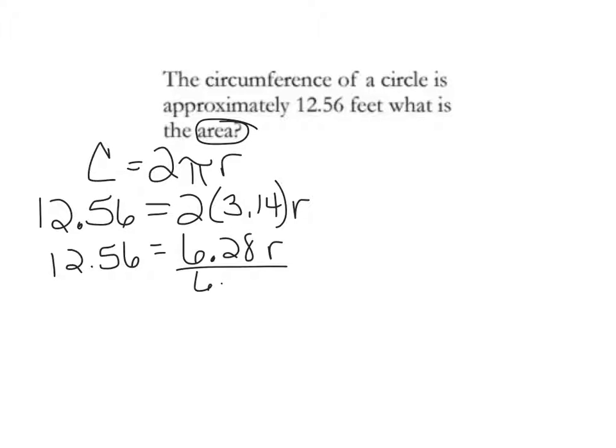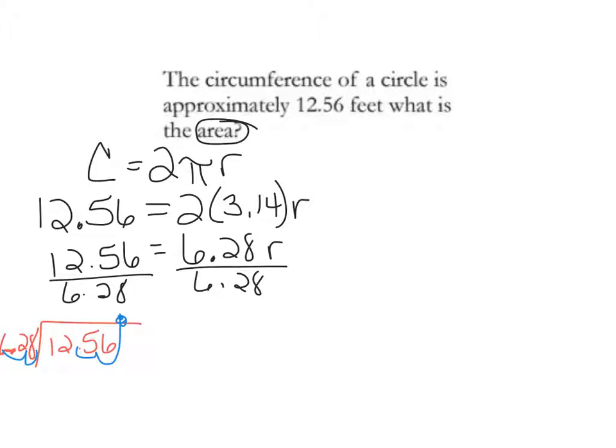Then I'm going to divide. So in this case, you have 12.56 divided by 6.28. Okay, and remember, what do you have to do to the decimal? Whatever you do outside, you do inside, and bring it straight up.